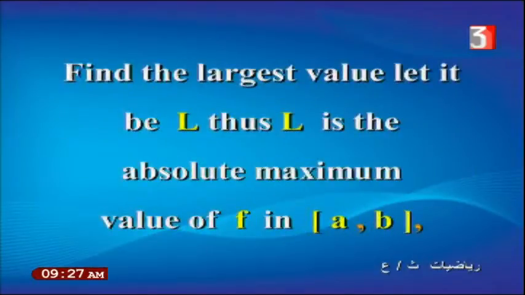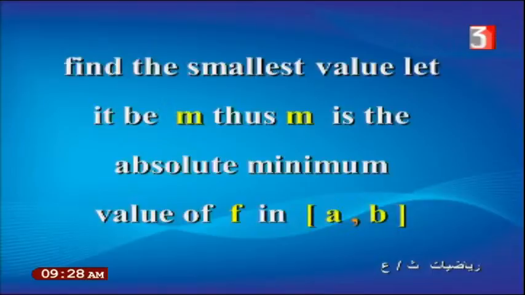The third step, find the largest value, let it be L, thus L is the absolute maximum value of f in the closed interval a and b, and find the smallest value, let it be m, thus m is the absolute minimum value of f in the closed interval a and b.